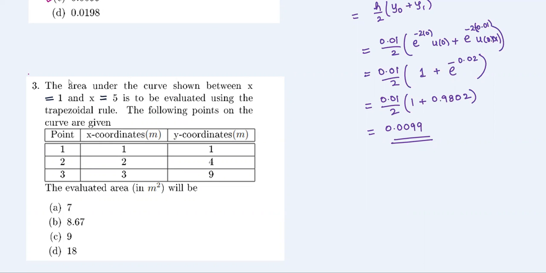The following points of the curve are given. The evaluated area in meter square, what will that be? We have to do this problem.